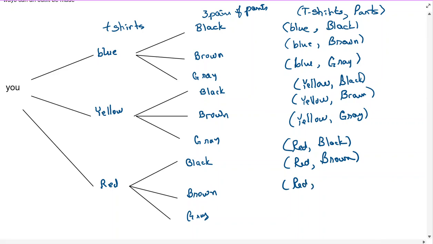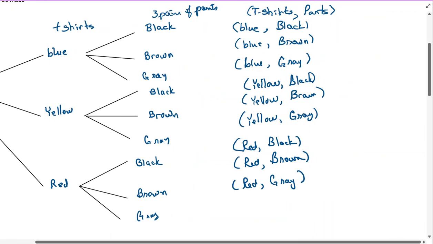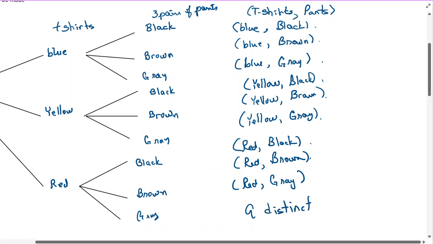Oh, sorry, I counted wrong. 3, 6, 9. So we have 9 distinct outfits with 3 t-shirts and 3 pants.